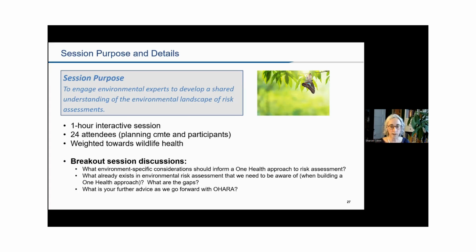And so we had breakout sessions, and we asked three main questions. The first was, what environment-specific considerations should inform a One Health approach? What already exists in environmental risk assessment that we need to be aware of, and what are the gaps? And then what is your further advice as we go forward?